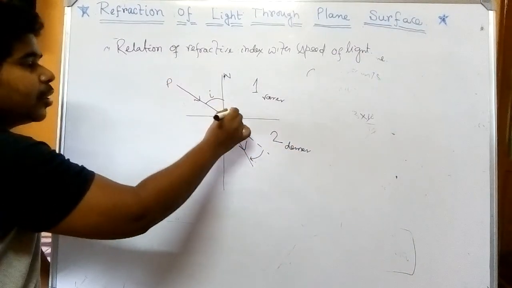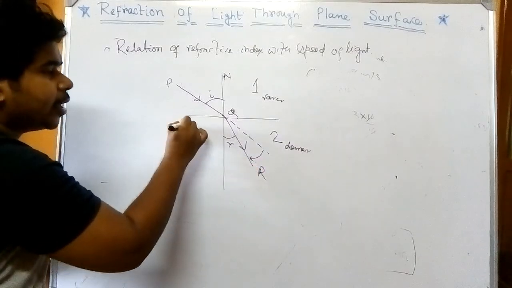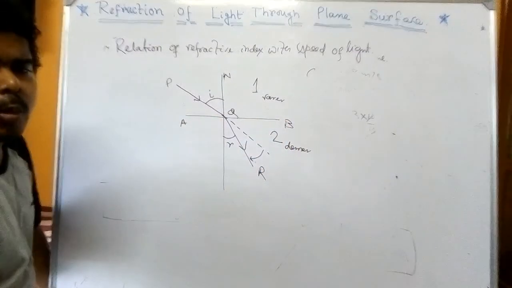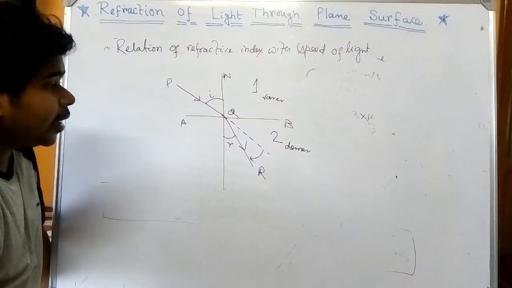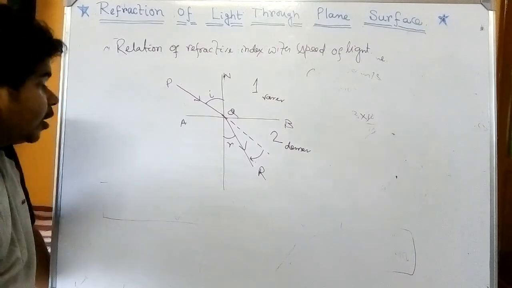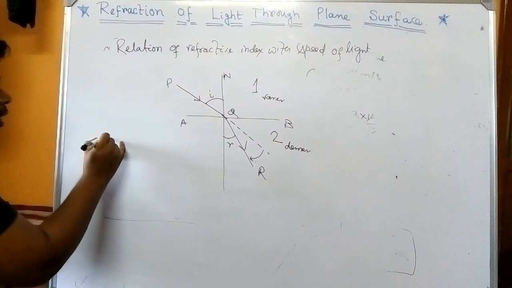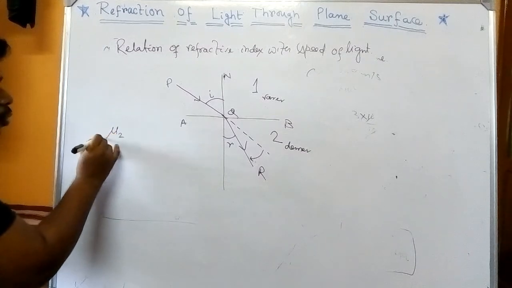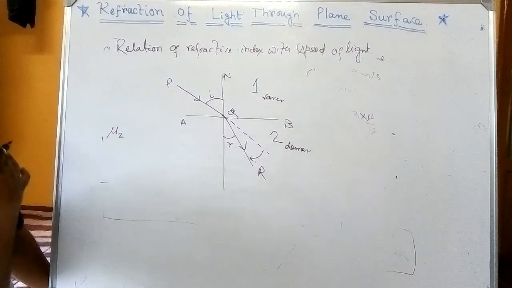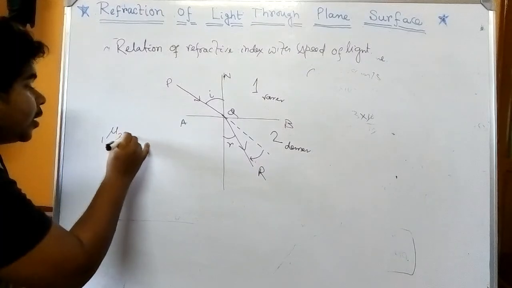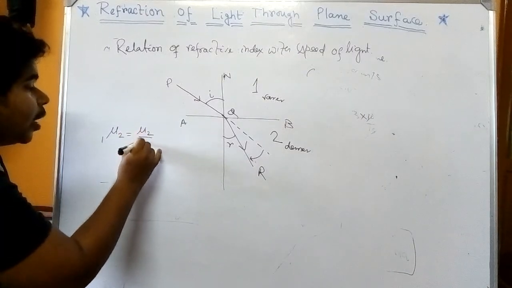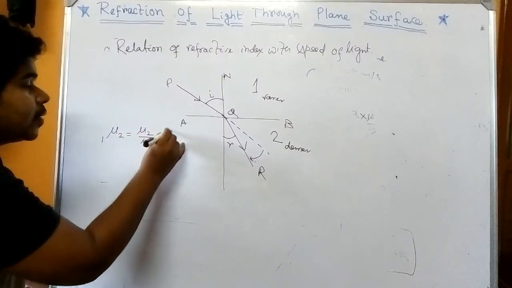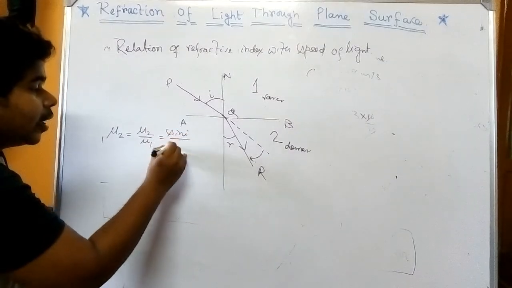It is PQR and it is AB. It's a very common thing. In this case, I want to find the refractive index. We know the refractive index should be 1μ2, because the light ray comes from medium 1, and that is μ2 by μ1. It is sin i by sin r.